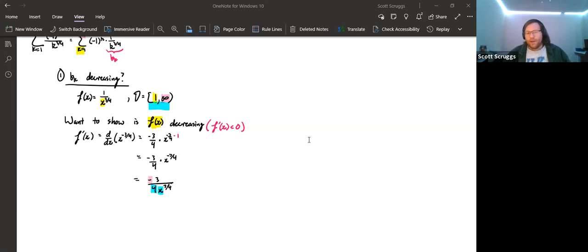But in my numerator, I have a negative sign. So what that means is, if I plug in any number in my domain, I will always have a negative number. So for all x in my domain, which is 1 to infinity.